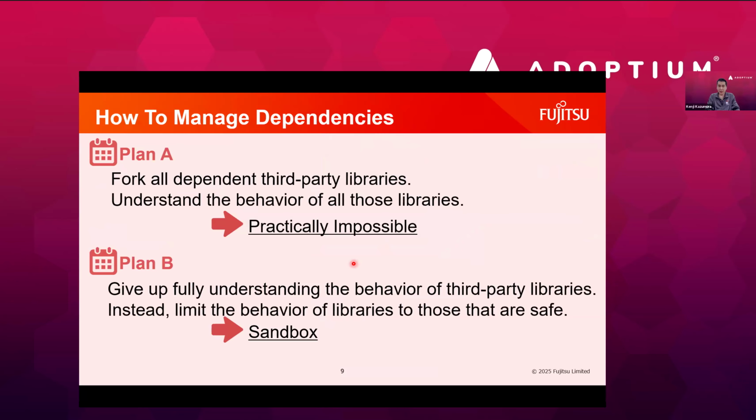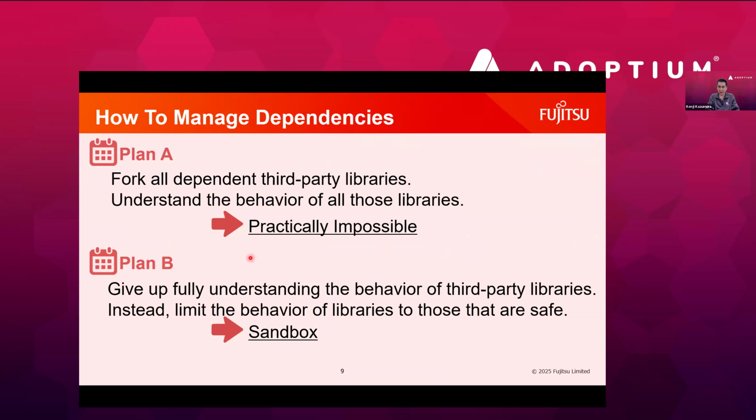So how do we manage the risk from these dependencies? There may be several ways, and plan A would be to fork and audit every single library we use. But as you can imagine, this is practically impossible for any non-trivial application.